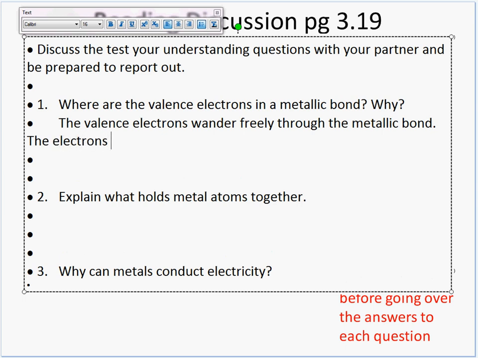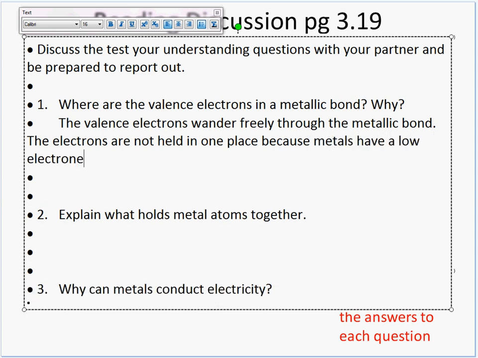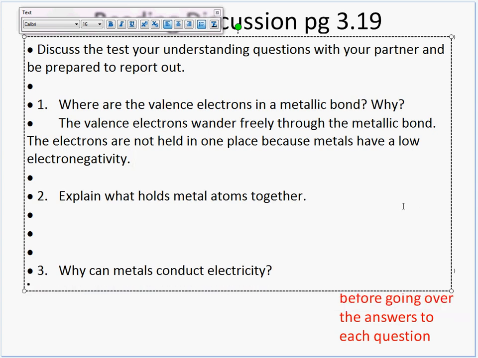The electrons are not held in one place because metals have a low electronegativity, and thus the electrons can wander around. Okay. So go ahead, discuss number 2 as a class, and then you can unpause the video, so you should pause it now.